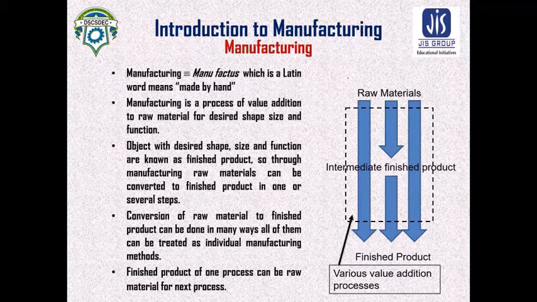So first there is the wooden part of the duster. Our finished product is the duster, and the raw materials are wood and sponge.